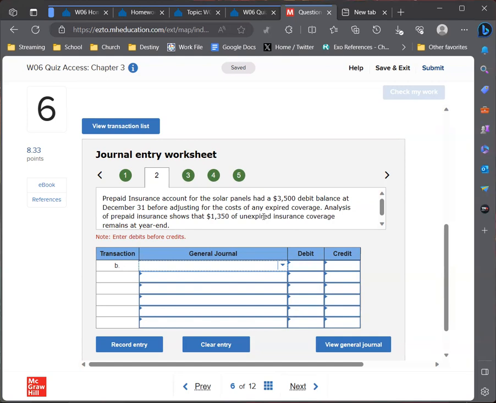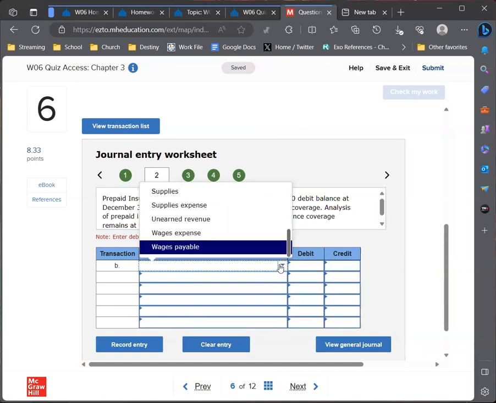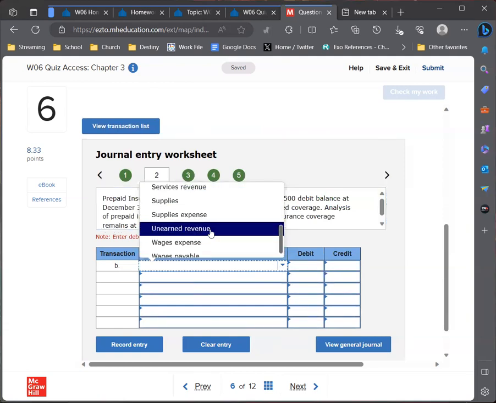So this one is a little tricky because it tricked me when I was doing this. I thought this would be debit and this would be credit because it looks similar enough, but that's not the case here.